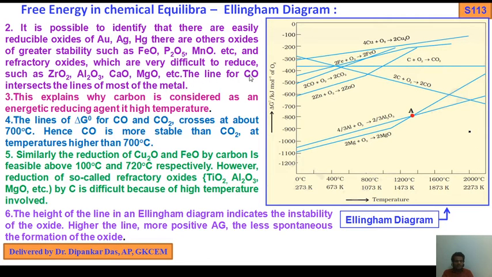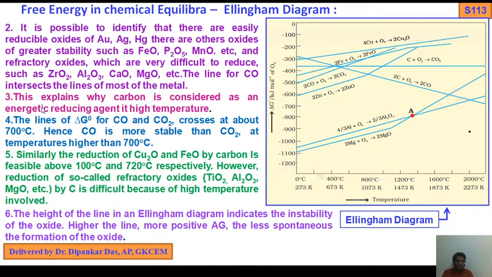So the line for CO intersects the lines of most of the metals. You see, this is the CO line.